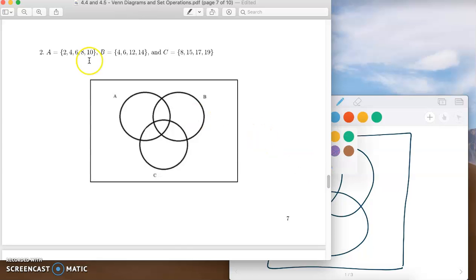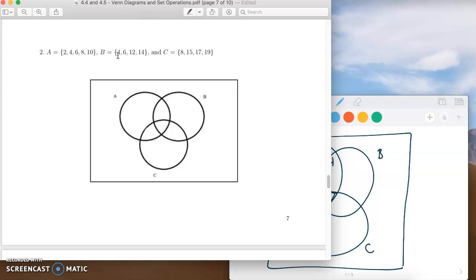Okay, so let's look in A. So we have 2. Do any of the other ones have 2? Nope. Just A, B, C. So we have 2 up here. 4 looks like it's in A and B only. So that means it's going to go here in the A and B intersection. So here we have the A-B intersection. Here we have the intersection of all 3.